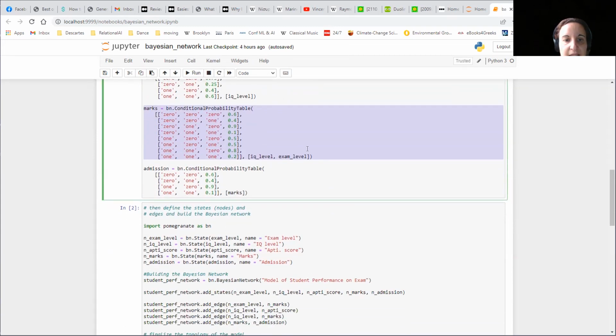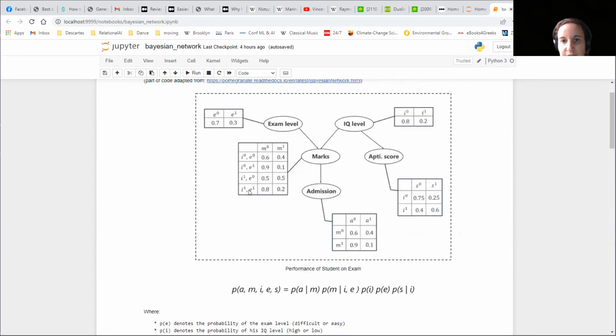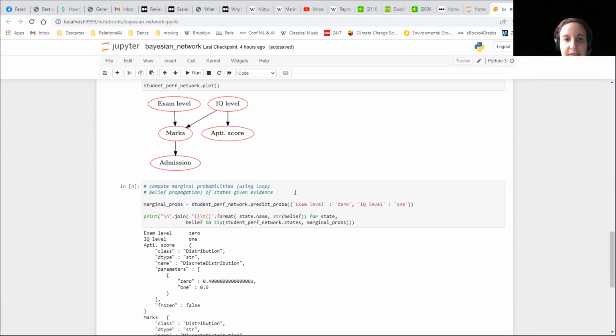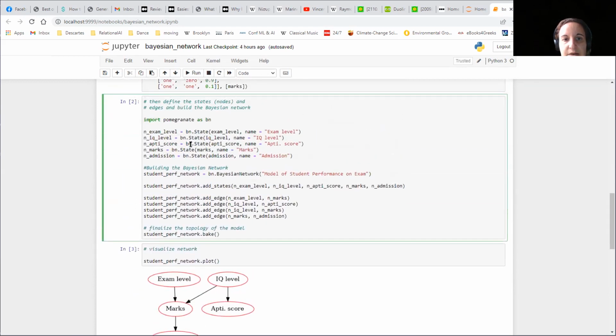Okay, and once we define the probability distributions, we have to define the actual graph, and this is defined right here. So every state is a variable, and you give the name of the variable as well as the probability distribution of that variable, or the conditional probability distribution.